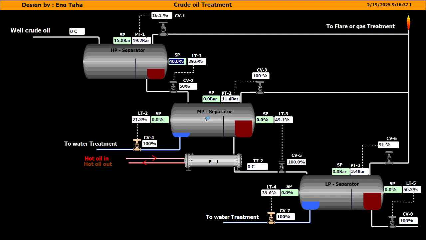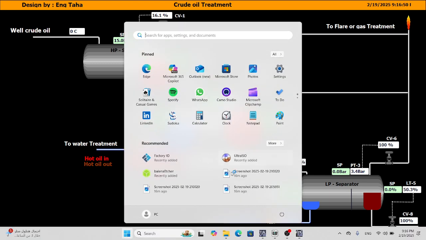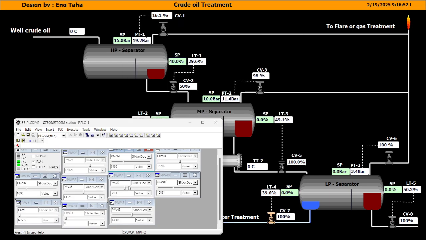And this is the middle pressure separator. For example, this is a 10 bar set point. Look at that, 20%. I will decrease the bar.